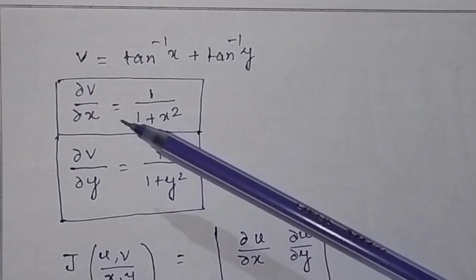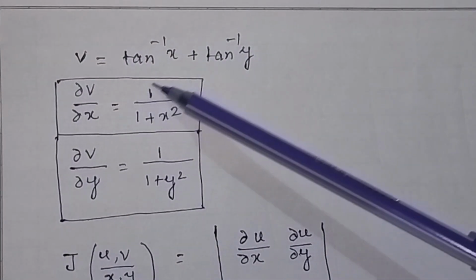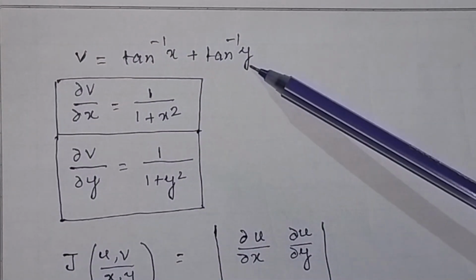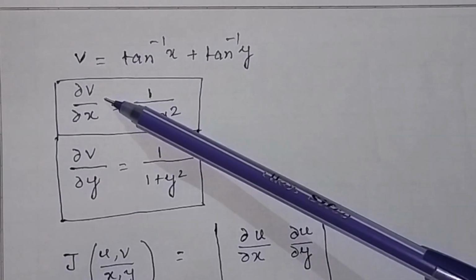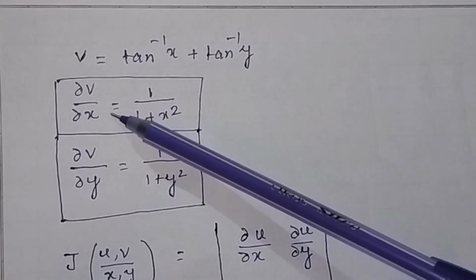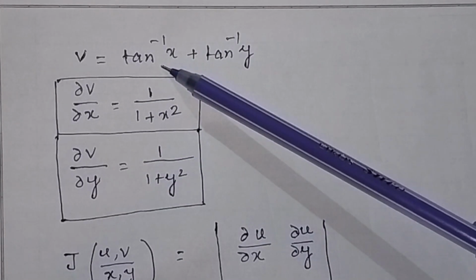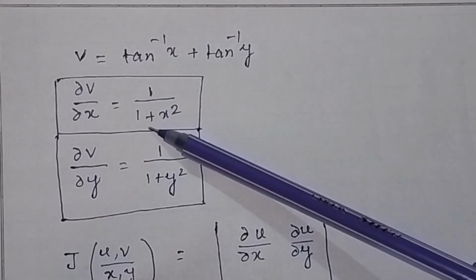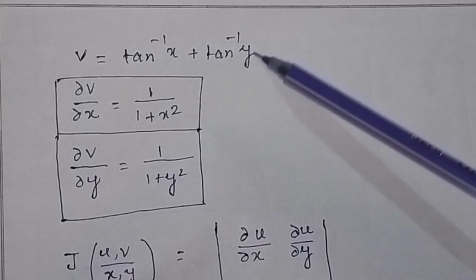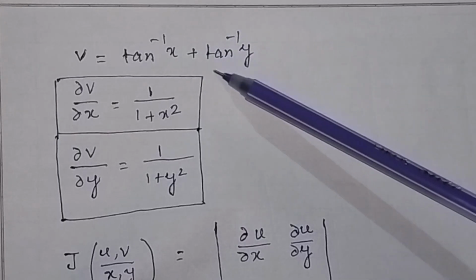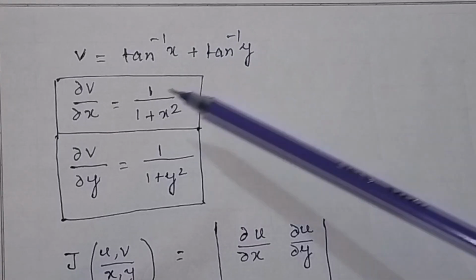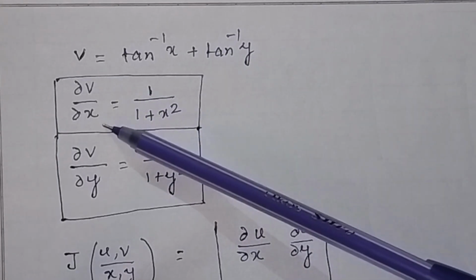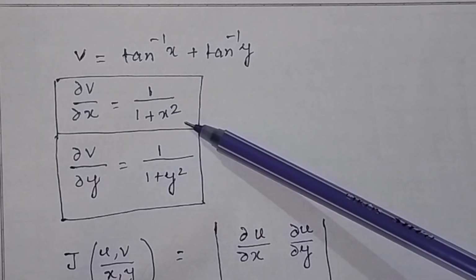Then we will find out the partial derivative of v with respect to x. It is given that v equal to tan inverse x plus tan inverse y. So the partial derivative of v with respect to x, applying the derivative of inverse tan, is equal to 1 divided by (1 plus x square), and the derivative of tan inverse y with respect to x is 0. So the partial derivative of v with respect to x is equal to 1 by (1 plus x square).